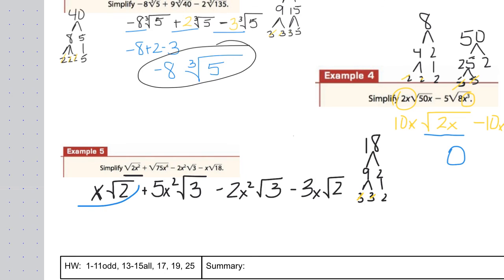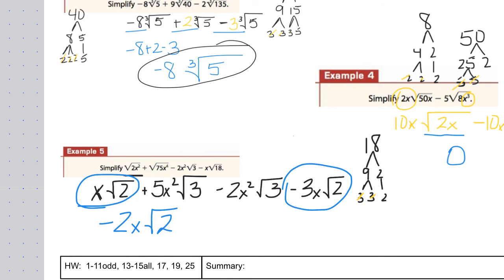I can combine x square roots of 2 and negative 3x square roots of 2. That leaves me with negative 2x square roots of 2. Again, think of your square roots like variables and then just combine the numbers or variables that are out front, remembering to pay attention to your signs.